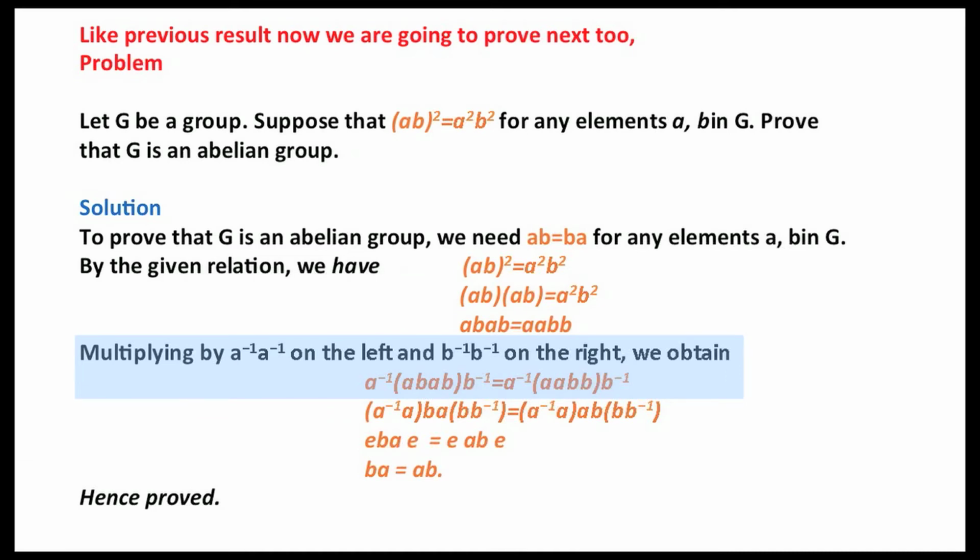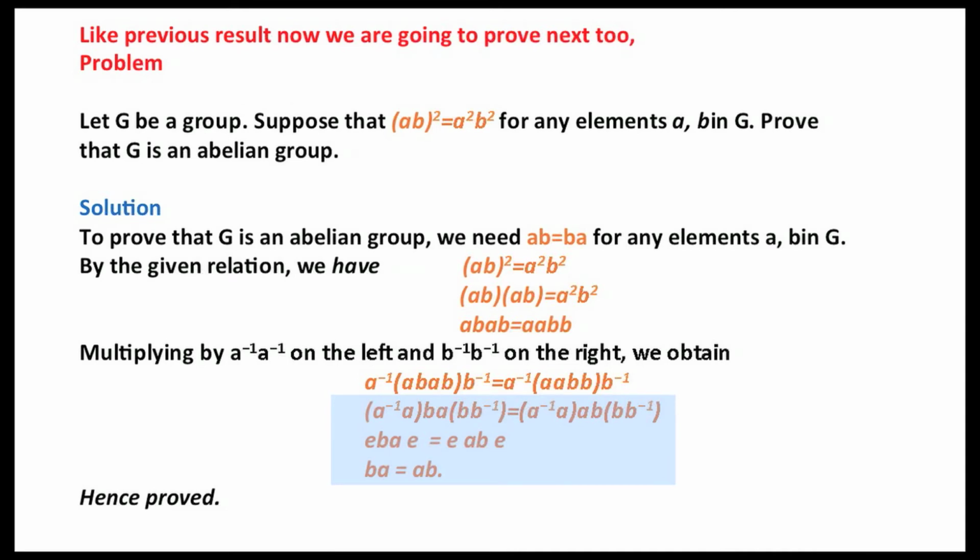Then we will get a to the power minus 1 a, that is multiplied by b a, again b to the power minus 1, that is equivalent to a to the power minus 1 a b times b to the power minus 1.